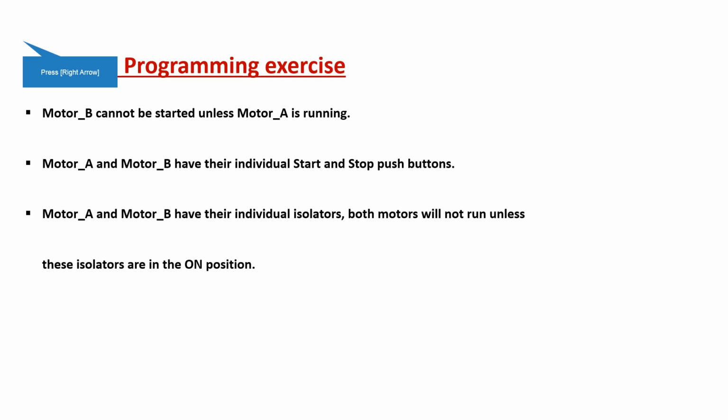This isolator is a triple pole isolator having an auxiliary normally open contact that is wired in the control circuit, such that if the isolator is in the on position, this normally open contact will change to a normally closed contact. If you put it back in the off position, the contact will change back to a normally open contact, disabling the motor. All right, so we have these 3 conditions.